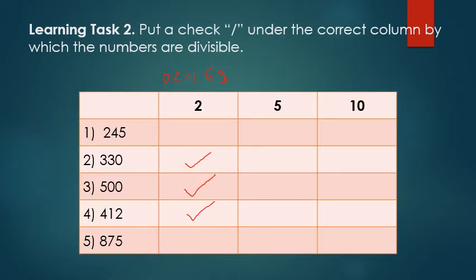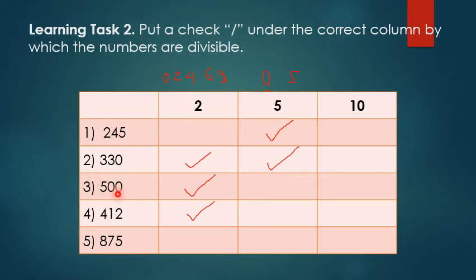Okay, next naman, doon tayo sa divisibility rules by 5. Pag divisible sa 5, kailangan nagtatapos sa 0 and 5. Ang 245 ay nagtatapos sa 5, so siya ay divisible sa 5. Ang 330 nagtatapos sa 0, nakikita nyo dito may 0, so divisible sa 5.